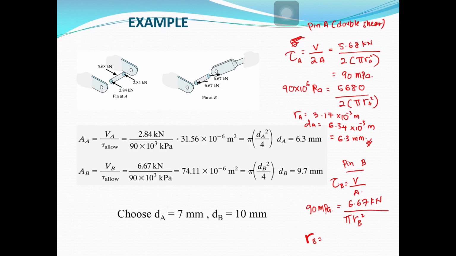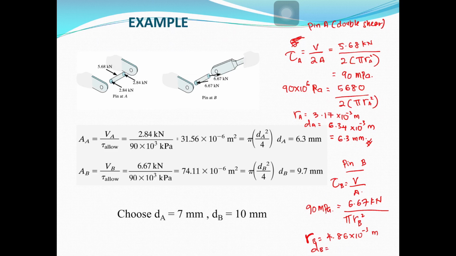Basically 90 E6 times shift pi, right, and then 6670 over answer, and then you square root, you get 4.85, 4.86 times 10 to the power of minus 3 meter.